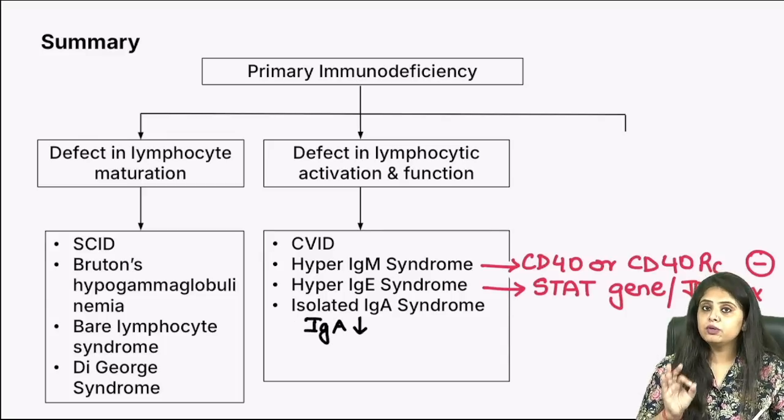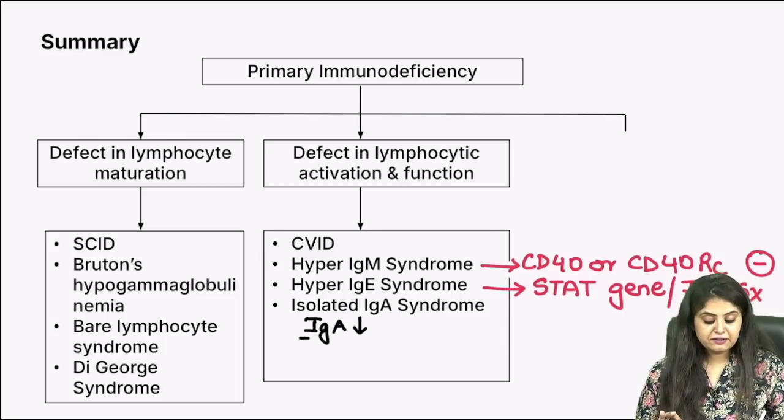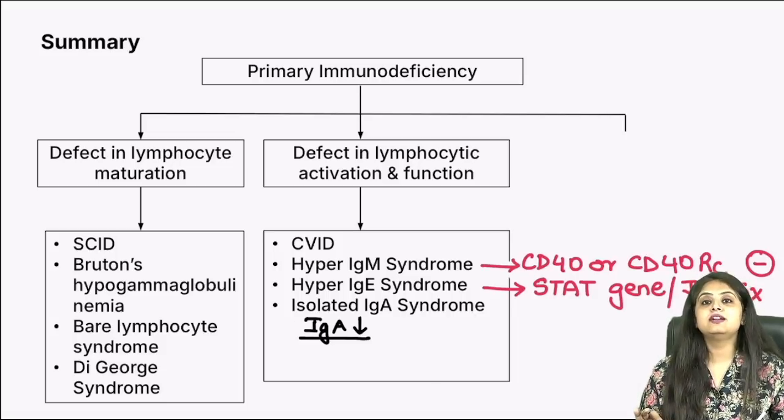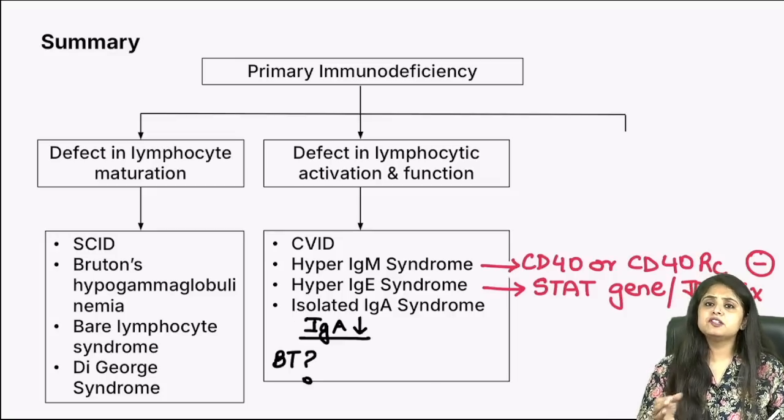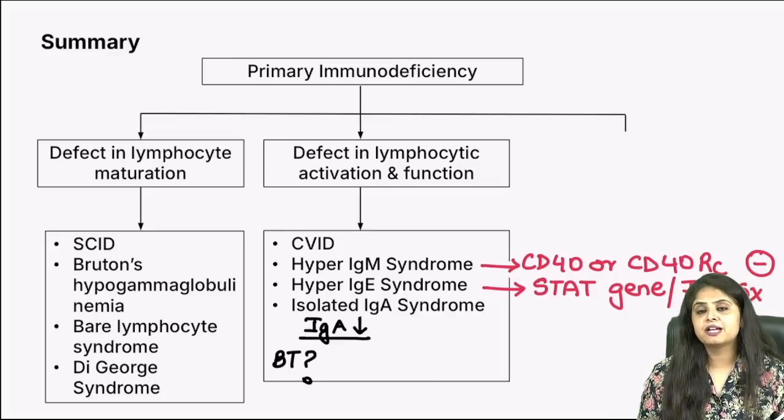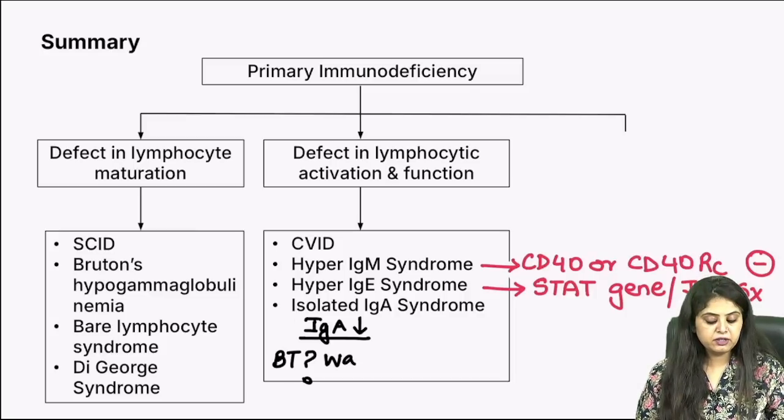The question that comes only for NEET PG's exam is that if there is a person who has only and only a deficiency of IgA, what kind of blood transfusion would be given? If this person ever happens to have a road traffic accident and is in requirement of blood, what kind of blood would be given to this person?